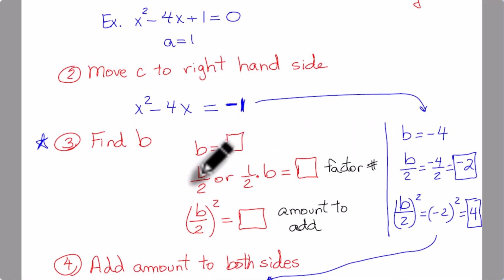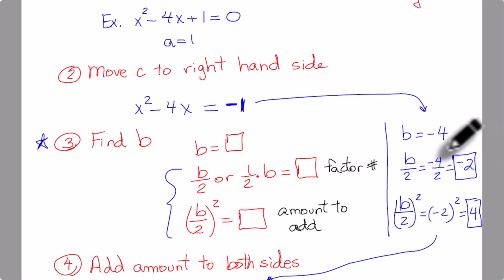I then need to make two calculations. B divided by 2, or if it happens to be easier, 1/2 times B. And whatever that gives me, I'm going to save it for factoring.